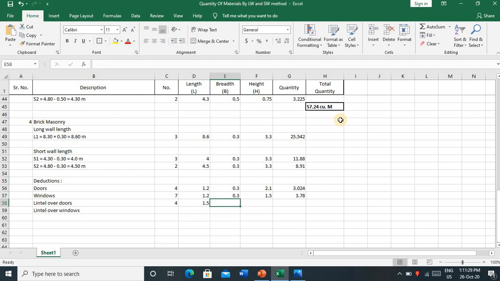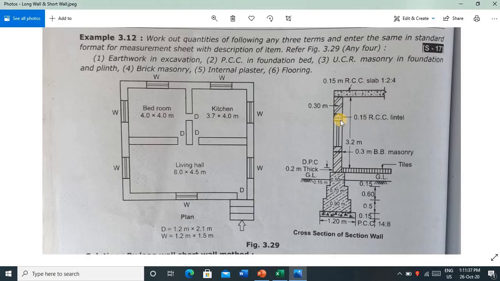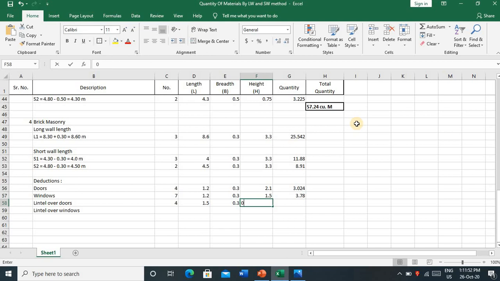Same the brickwork breadth will be same 0.3. Height, if the height is not given you can take it as 0.15, but here the height of the lintel is given, see 0.15 is given, so you need to take 0.15. Okay, quantity is 0.27.